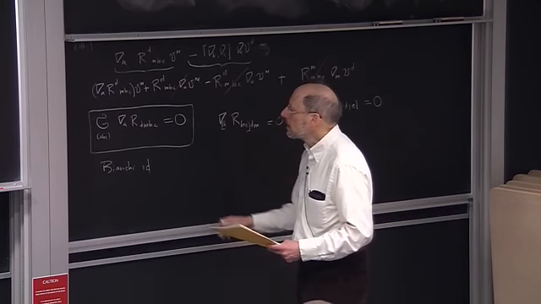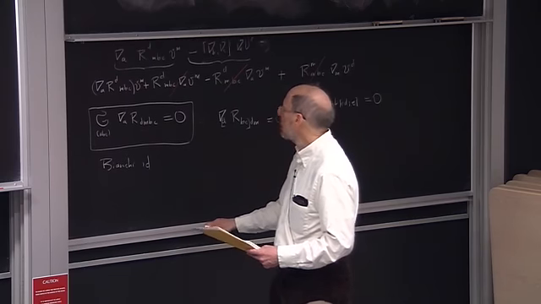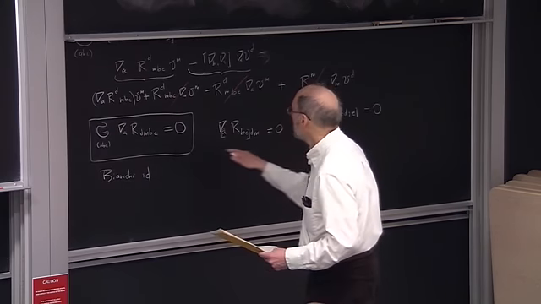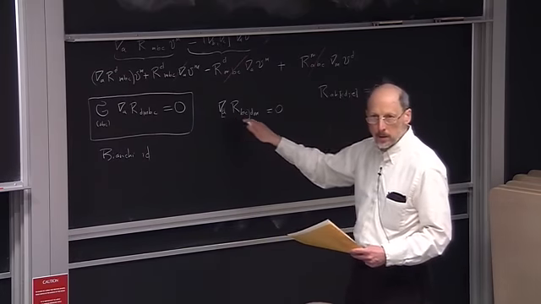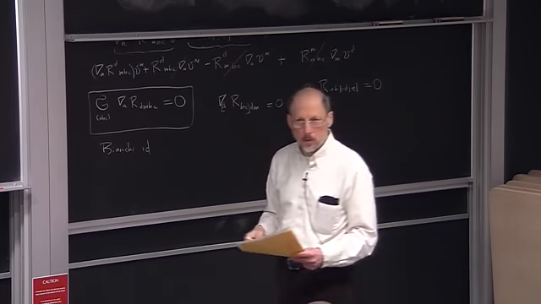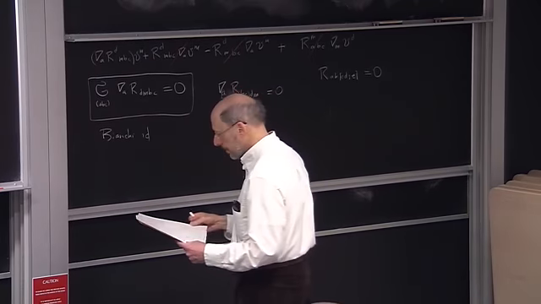All this, by the way, has exact analogs in gauge theories. I think even the names are the same. So you call this Bianchi identity. This becomes an identity on the gauge field that's produced from a vector potential.